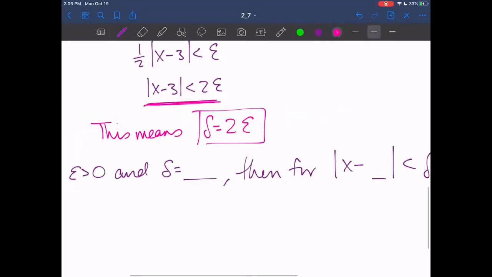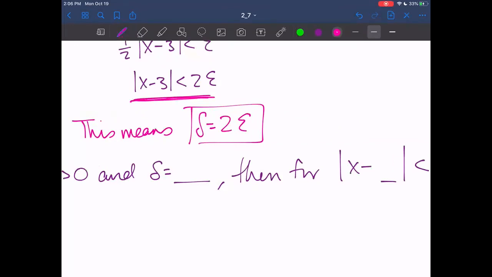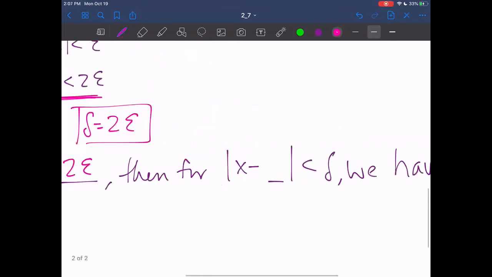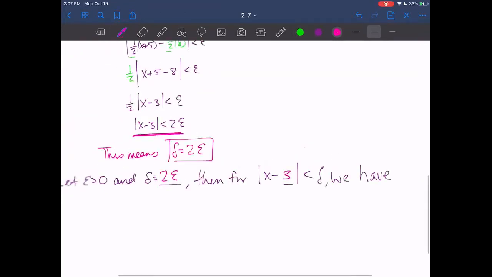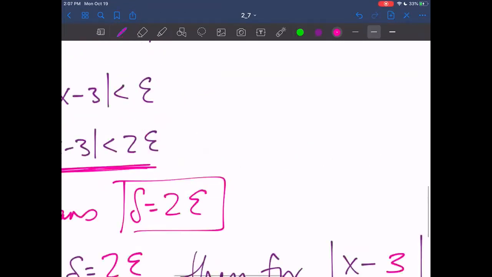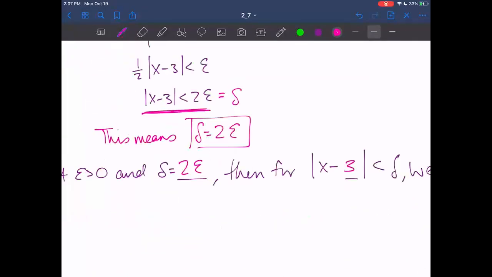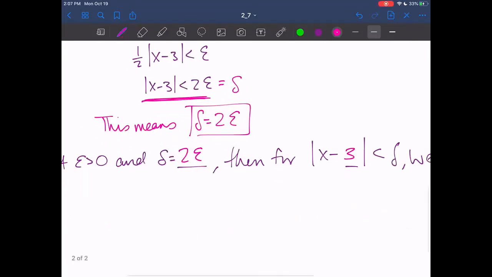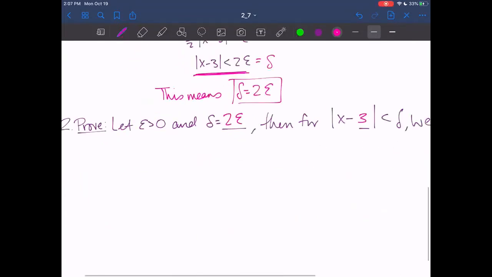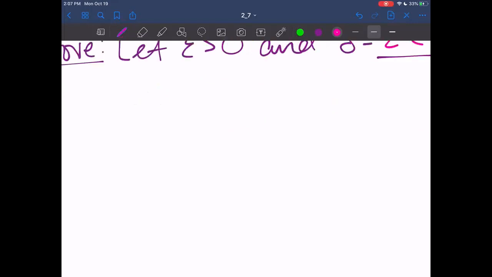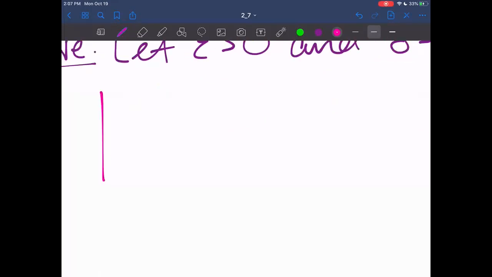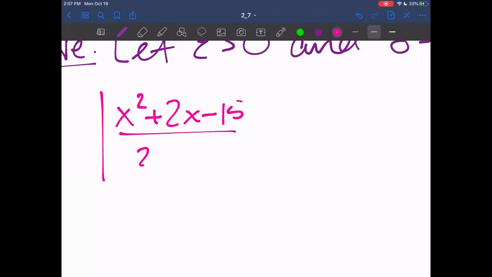We know that delta is equal to 2 epsilon, and that absolute value of x minus 3 is less than delta. We get that because we know x minus 3 is less than 2 epsilon, which is equal to delta. Then we'll take what we started with: absolute value of (x squared plus 2x minus 15) over (2x minus 6), minus 4.